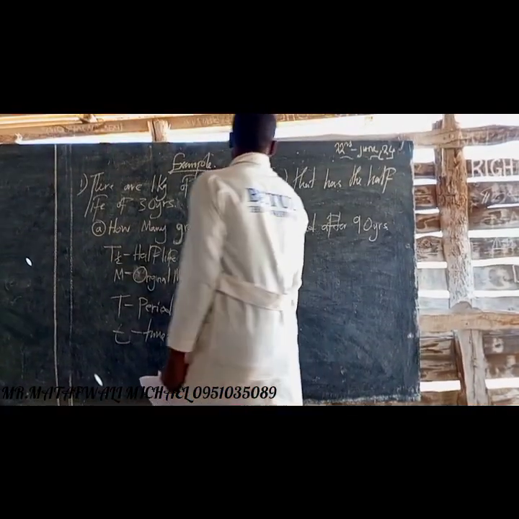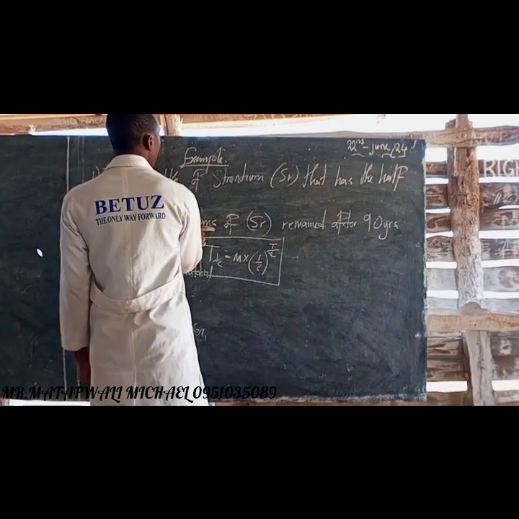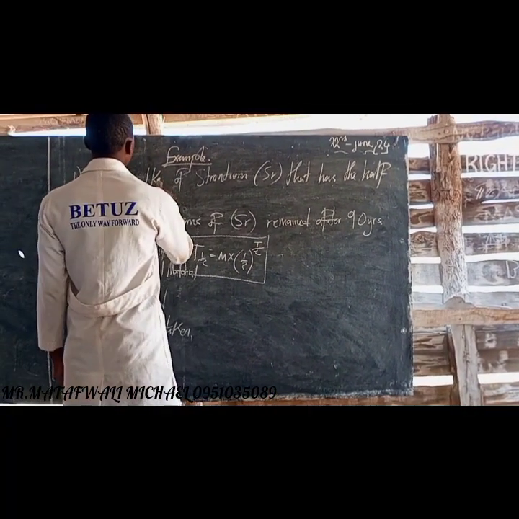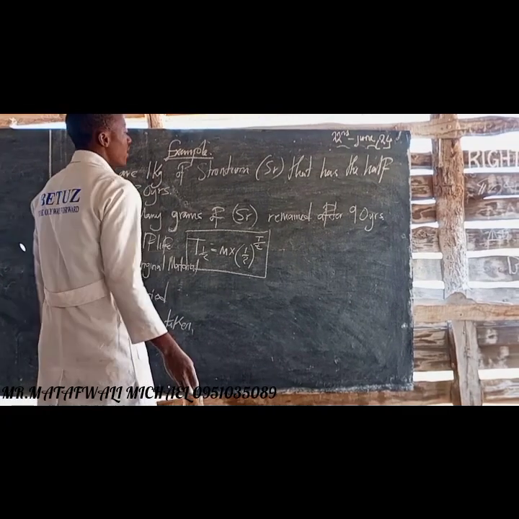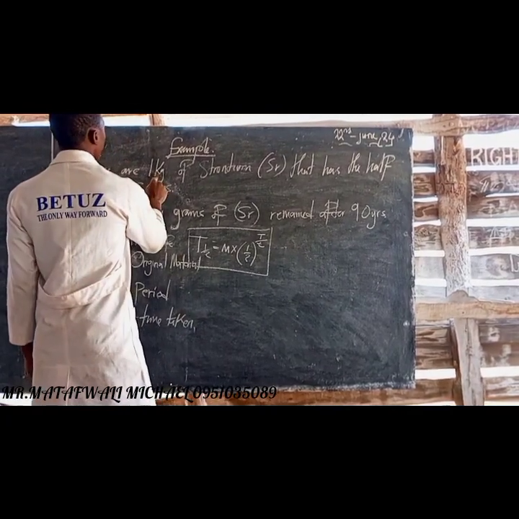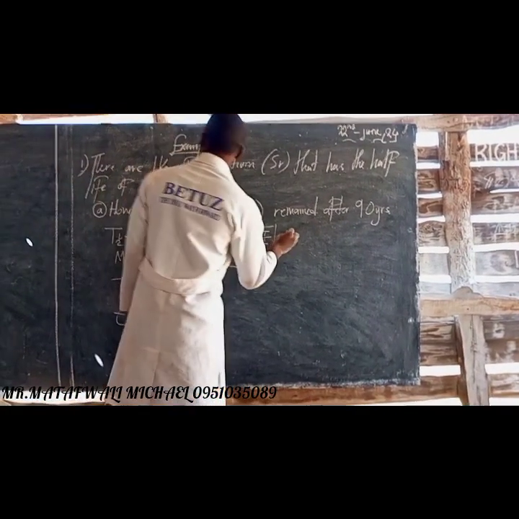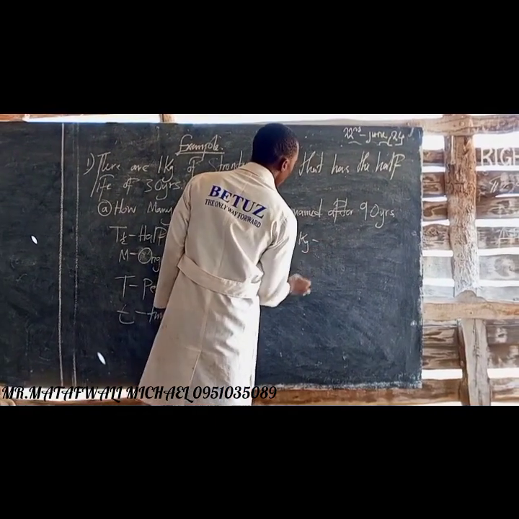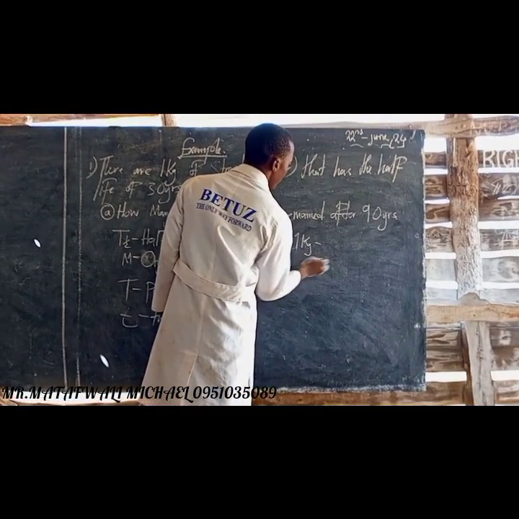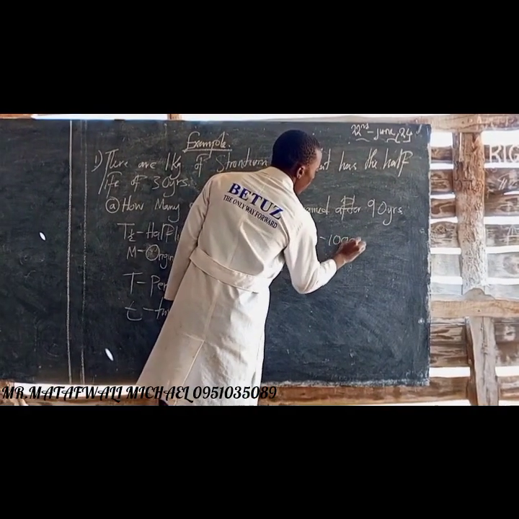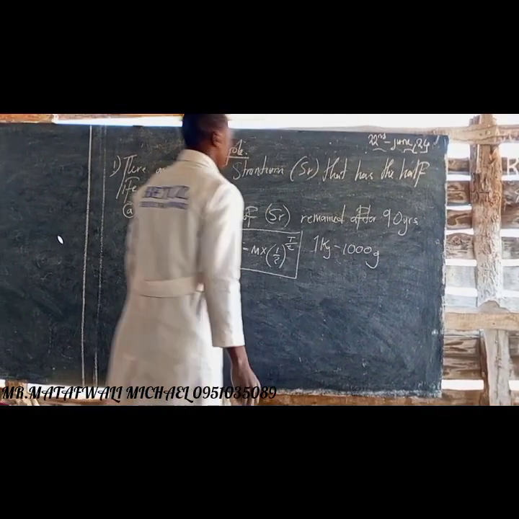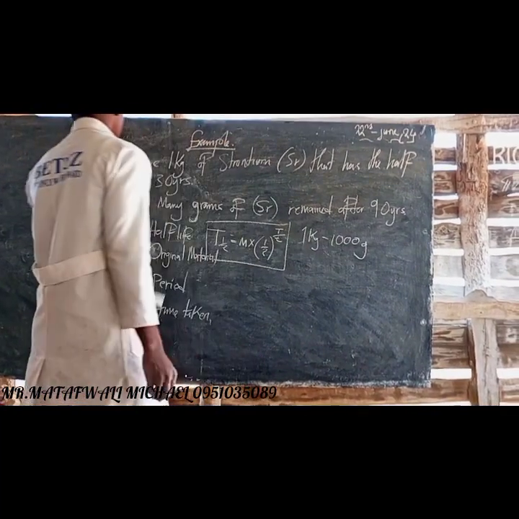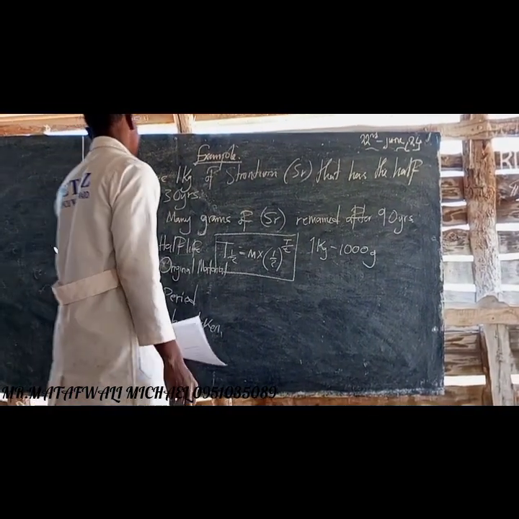So here we have said how many grams, while in the question we have 1 kg. So we are going to change 1 kg into grams. So 1 kg into grams, we are going to have 1000 grams.